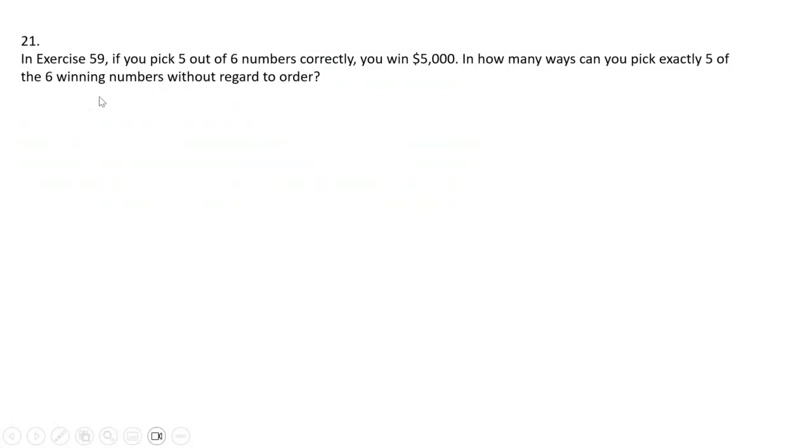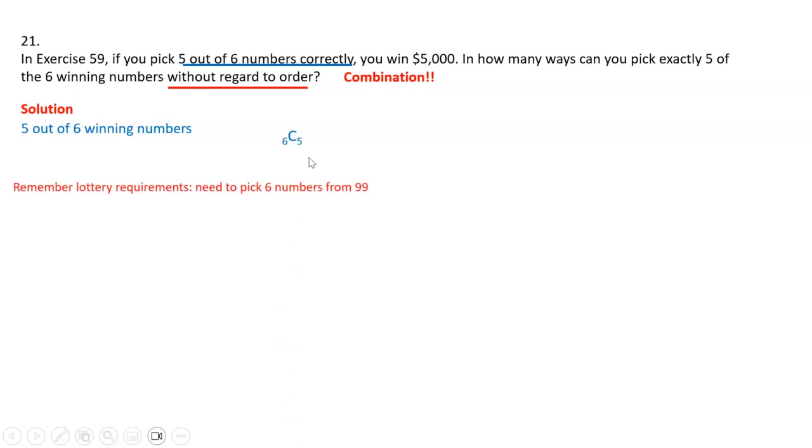Now, number 21. In exercise 59, if you pick 5 out of 6 numbers correctly, you win $5,000. How many ways can you pick exactly 5 out of 6 winning numbers? So order does not matter. 5 out of 6 will be 6 combination 5, right? But still, the lottery requires 6 numbers, not 5. So that means we have to choose 1 out of the 93 that are left.